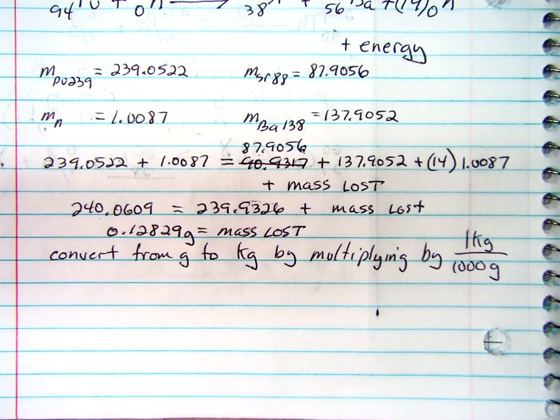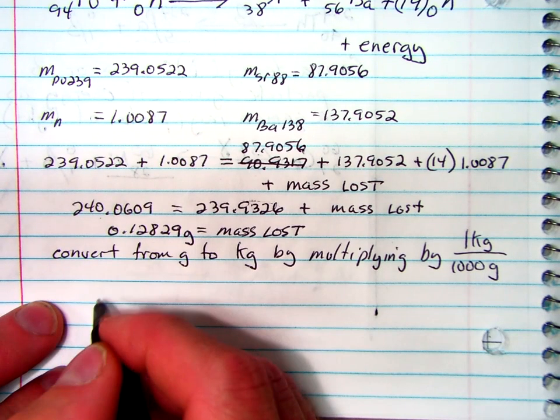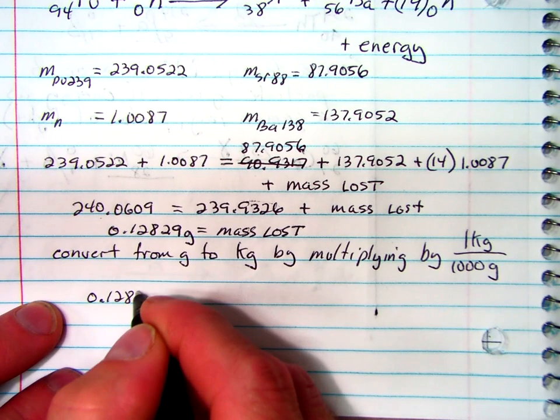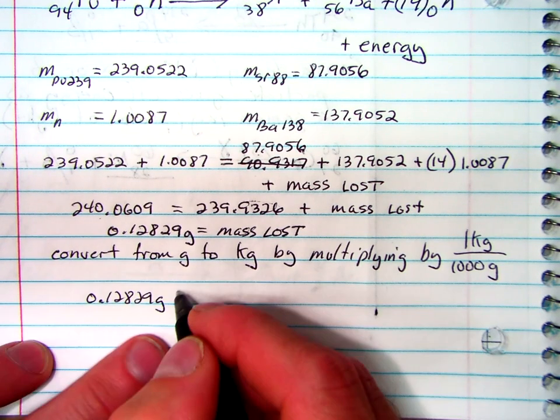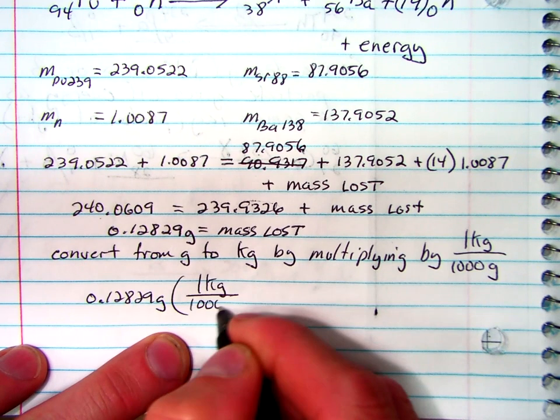If you do that, you get 0.12829 grams times 1 kilogram over 1,000 grams.